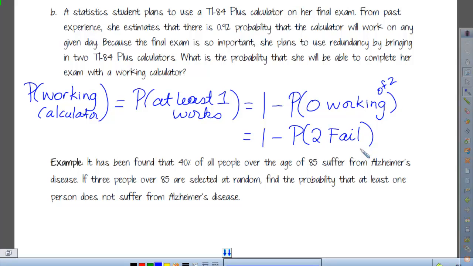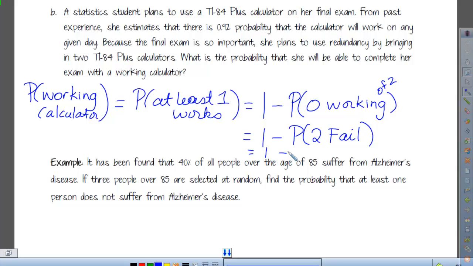And so, again, we come back to the multiplication rule. We say fail and fail, right? Are these independent? If she's smart, yes. There's no need to take 2 calculators and plan to share batteries. That's not going to help. So, hopefully, if we're really having this redundancy, they're 2 independently working calculators.